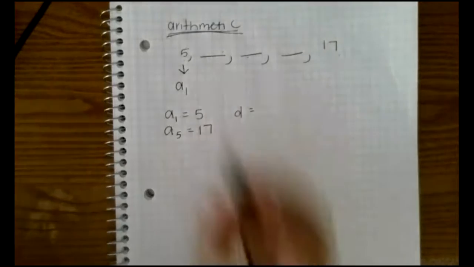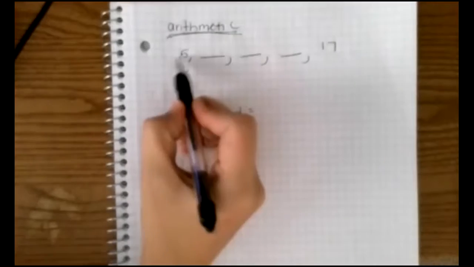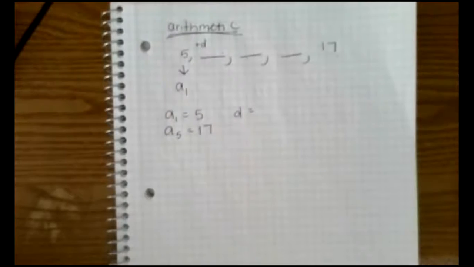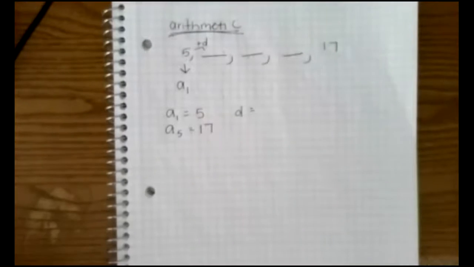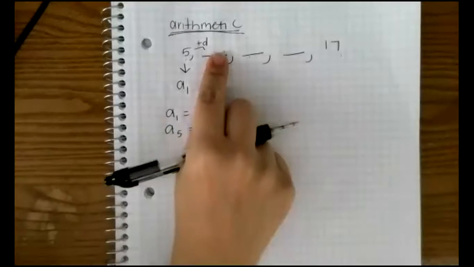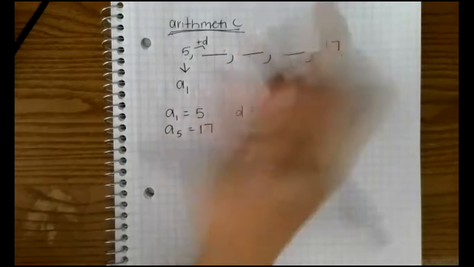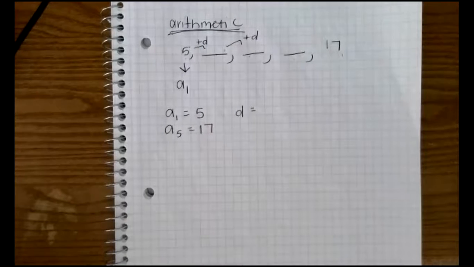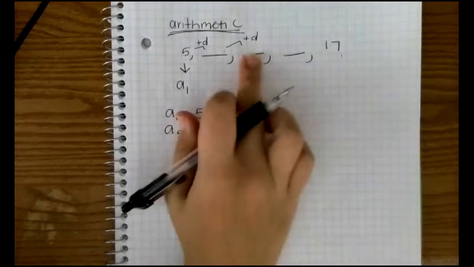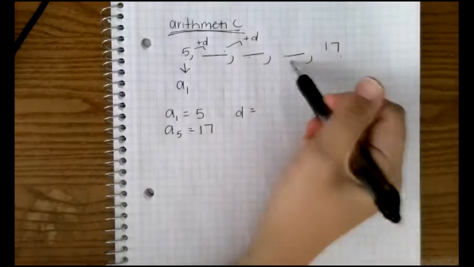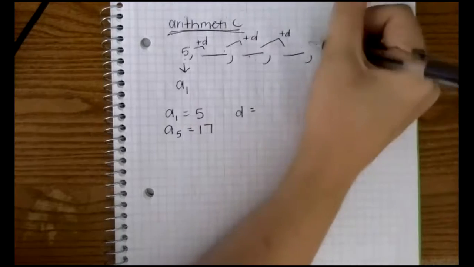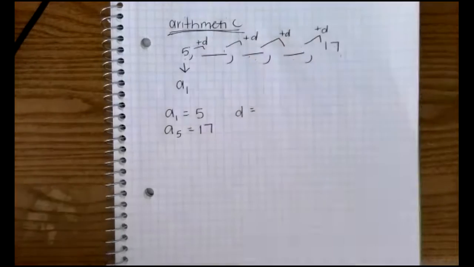So one way you can think of it, to get from the first term to the second term, I have to add the common difference. To get from the second term to the third term, I add the common difference again. To get from the third term to the fourth term, I add the common difference again. And to get to 17, I would add it one more time.